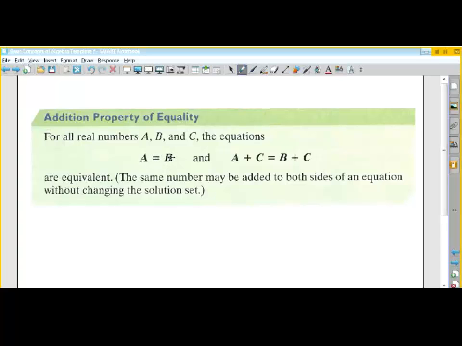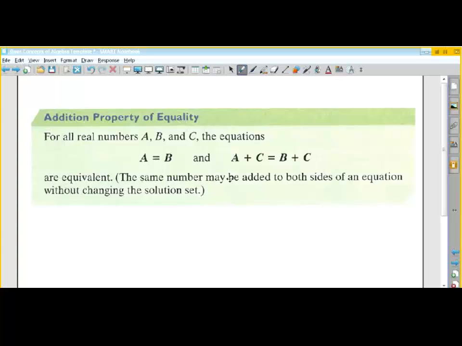And it says that if you have an initial equality where a is the same value as b, and you add the same quantity to both sides of the equality, the equality remains valid. So what they're saying is that these two equations are equivalent, which means that if this is true, then that's true. If this is not true, then that's not true.